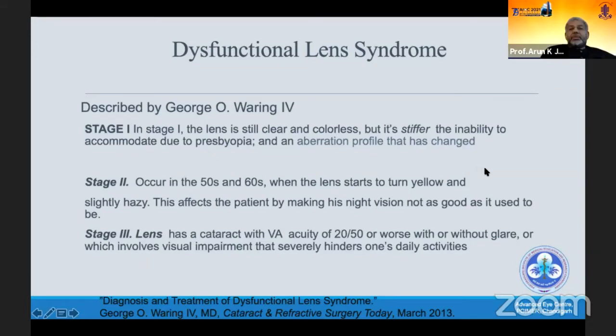It happens between 50 to 60 years of age, and there is slight blurring of vision. It affects night vision first. That is the first sign of cataract. And stage 3 is when the visual acuity goes down below 20/25, and the patient has an obvious cataract, with or without glare, and it involves visual impairment.